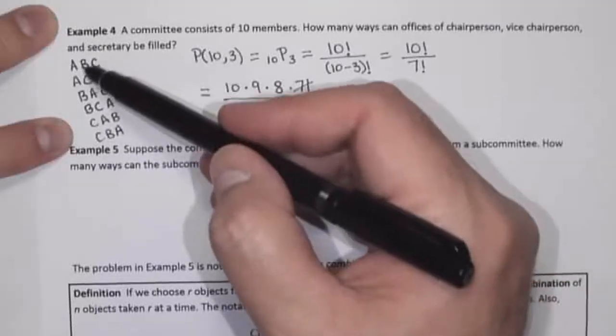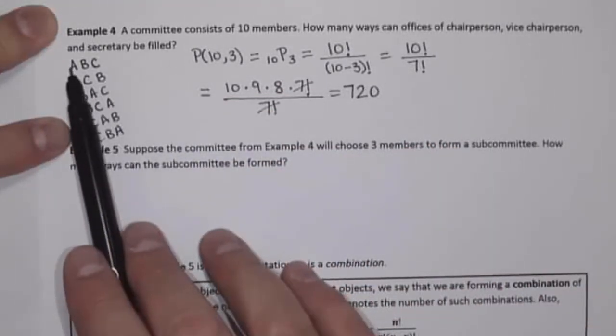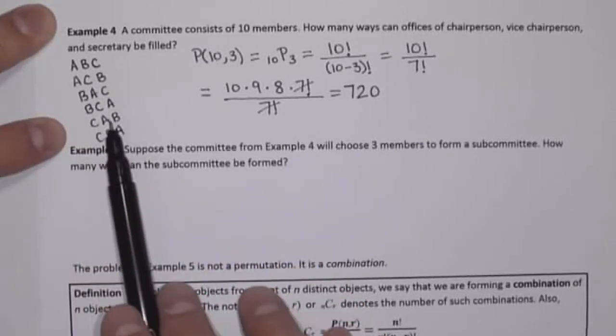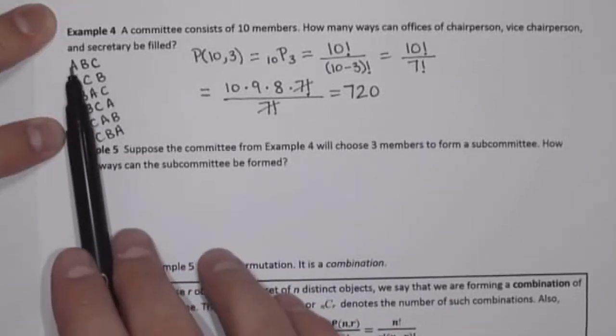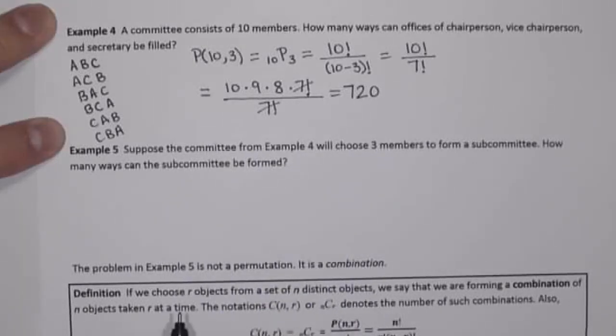So these 6 outcomes are different outcomes in example 4 because who's first, who's second, and who's third matters in example 4, but they're the same outcome in example 5 because in example 5 it doesn't really matter who's first, second, or third, it just matters if they're picked or not.